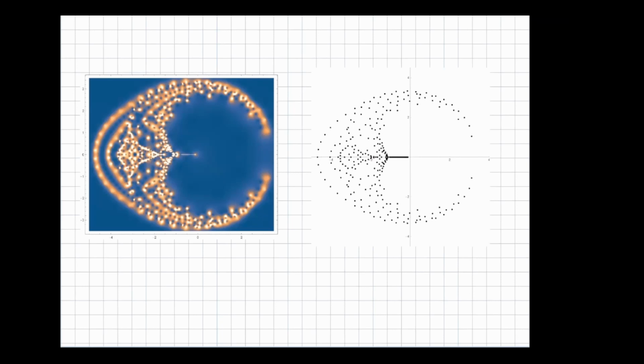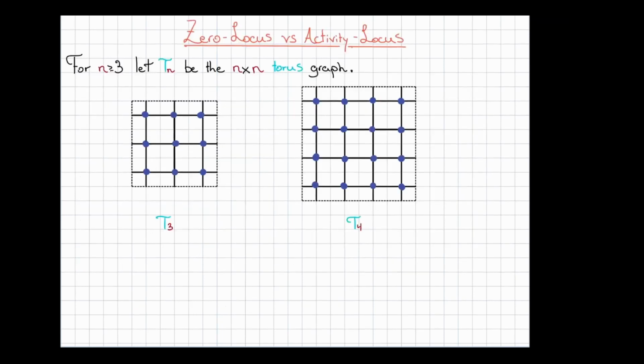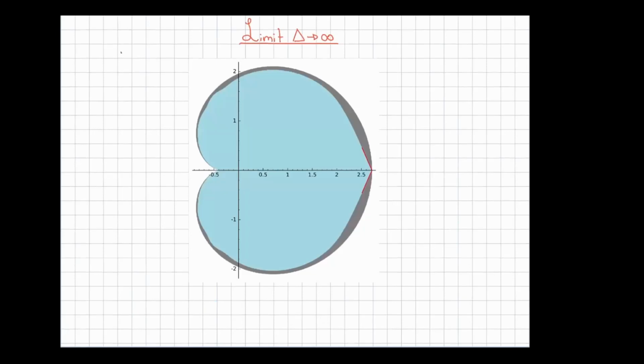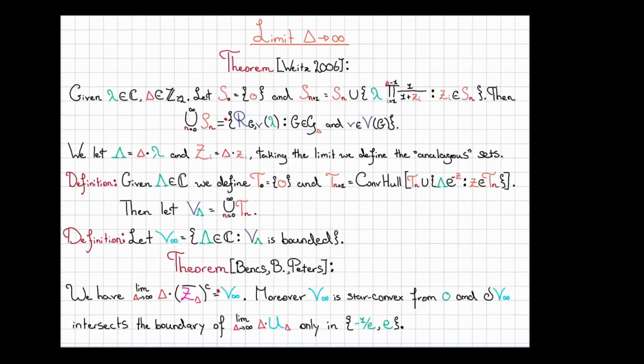Yeah, maybe I have a question. Pjotr, what is known in general about the topology of the activity locus for all bounded degree graphs? Yeah, there are some things known about it.